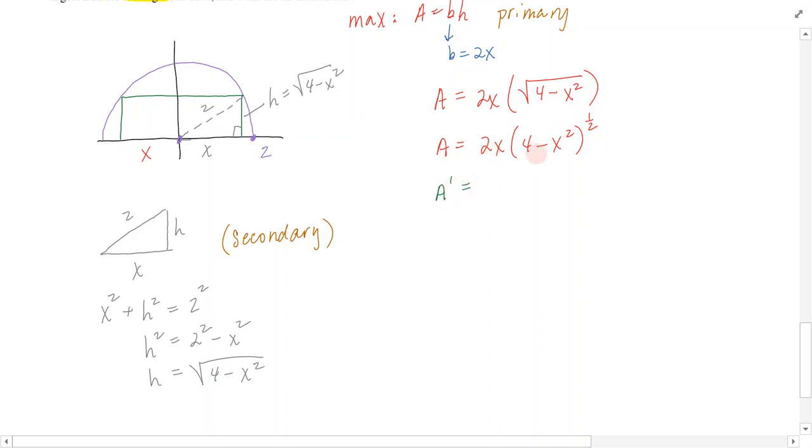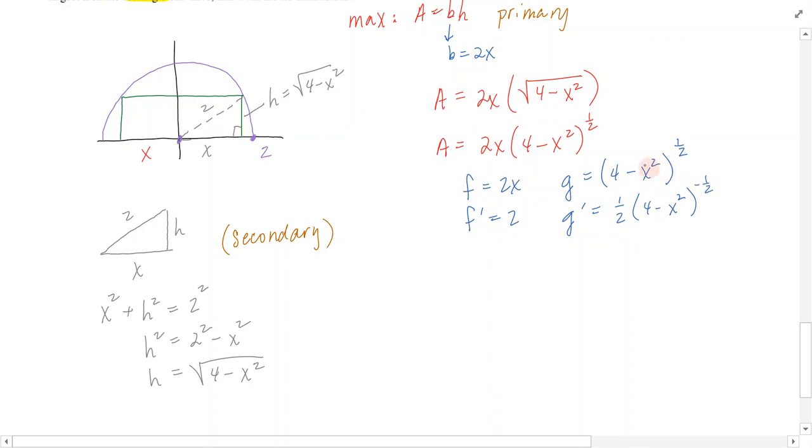And when we're doing this, to be consistent with the way we've been working this, if I take the derivative, then 2x is going to be f, 2 would be f prime, g would be 4 minus x squared raised to the 1/2, and therefore g prime is going to be the chain rule here, so I would have 1/2 times 4 minus x squared to the negative 1/2 times, that was the derivative of the outside.